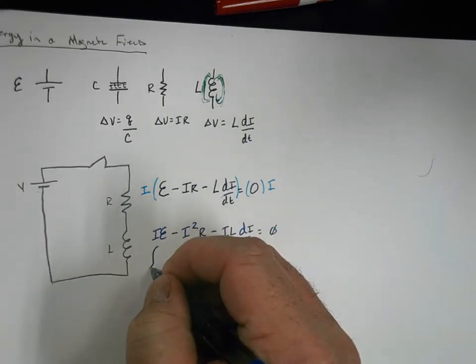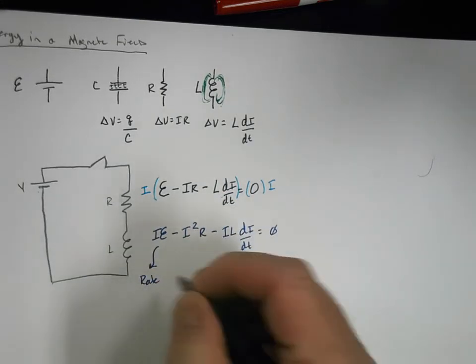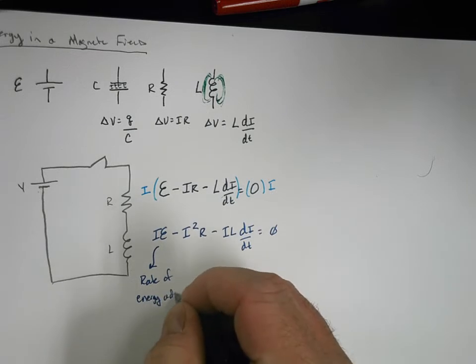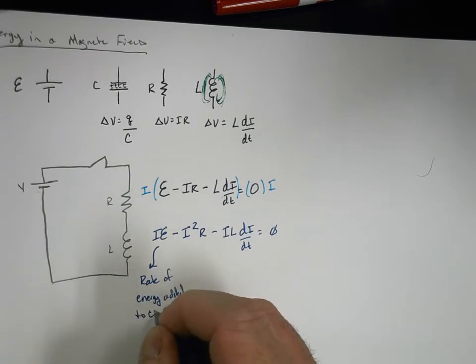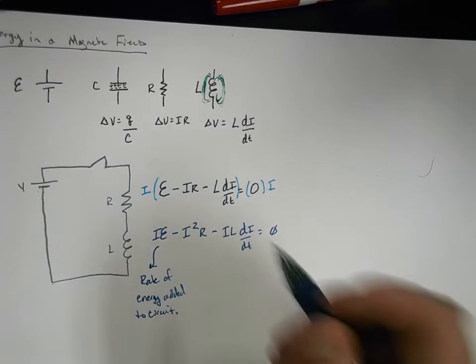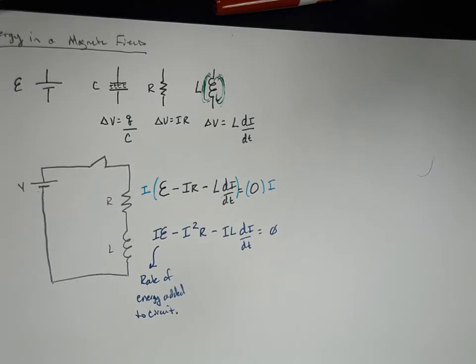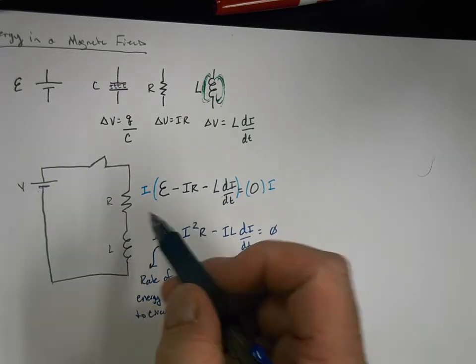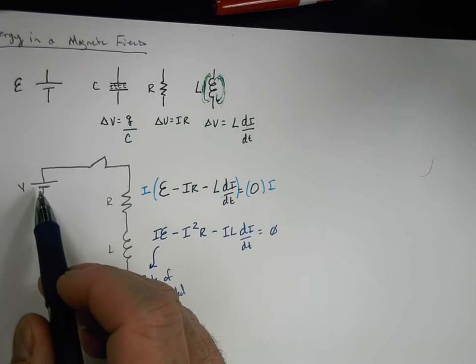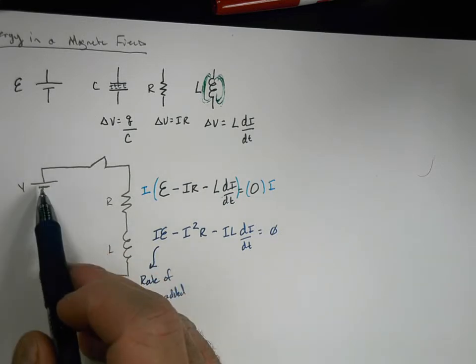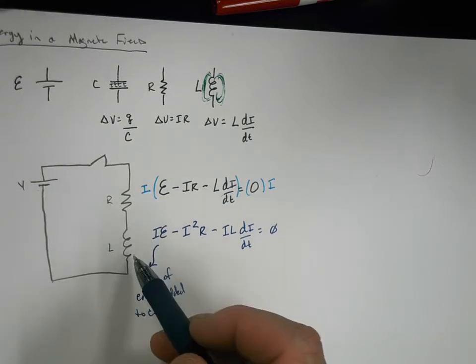This IE would be the rate at which we're adding energy to the circuit, right? Power is delta energy over delta time, dE/dt. That's our power. Well, if that's the power that this voltage is supplying, then it is increasing the energy of our circuit here. Well, these guys are decreasing the energy of the circuit.